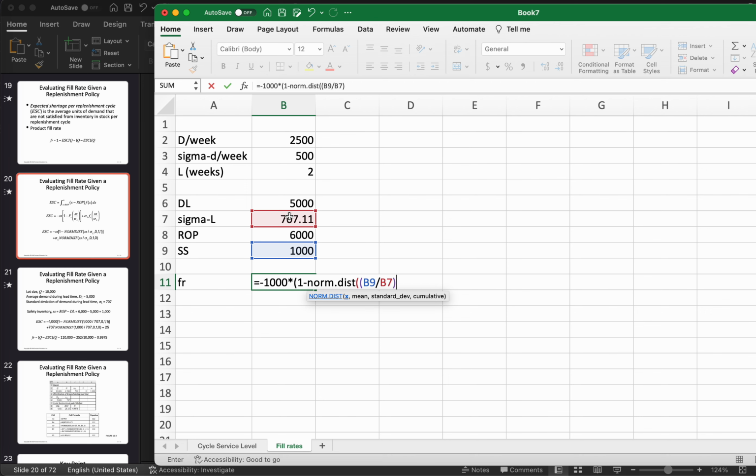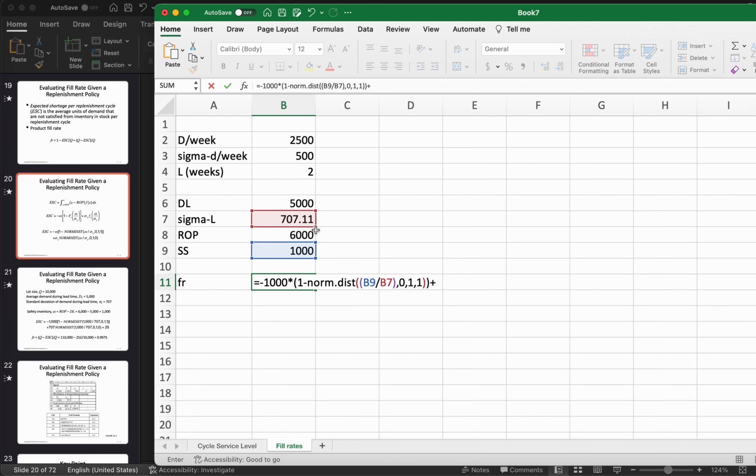And right, so 0, 1. Then you can either use true or false, either way is fine. So that's a normal distribution value, the first part of the formula.